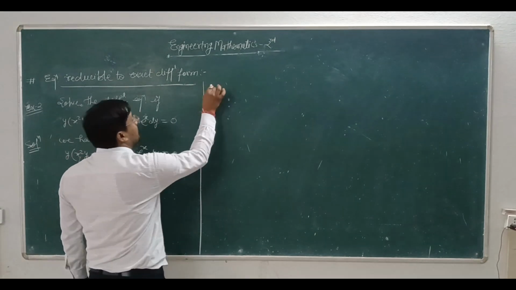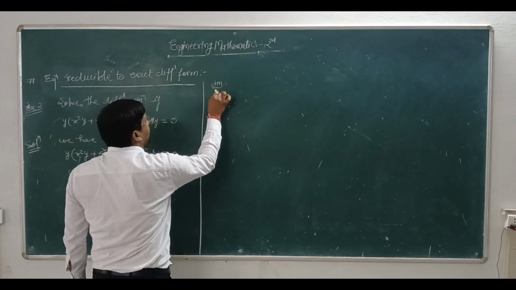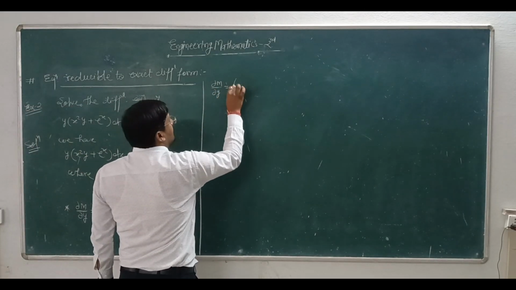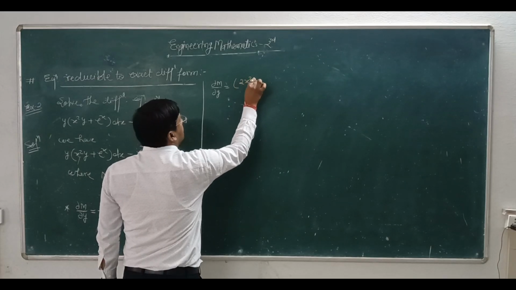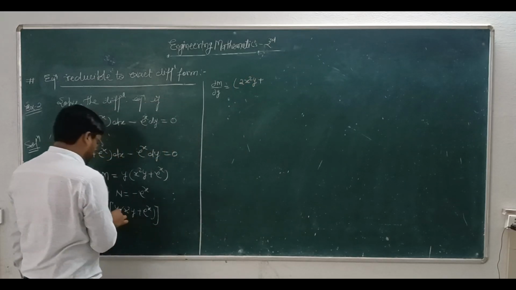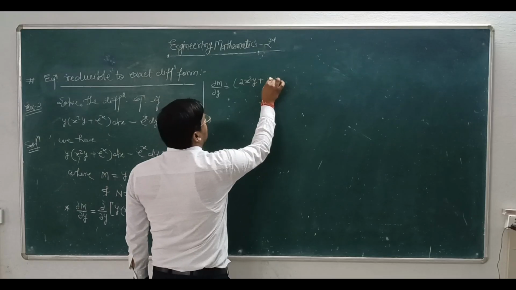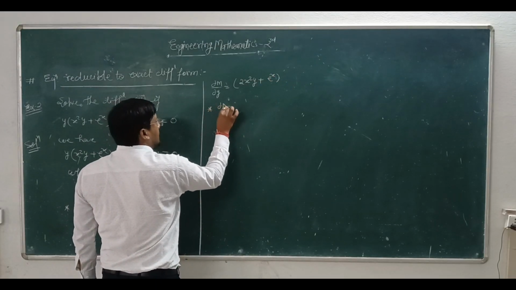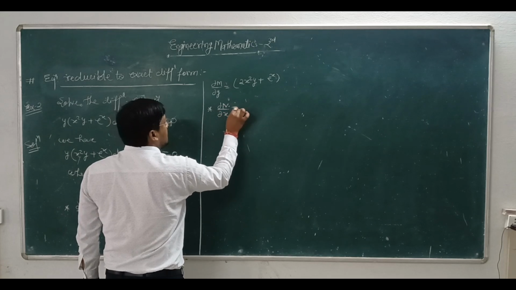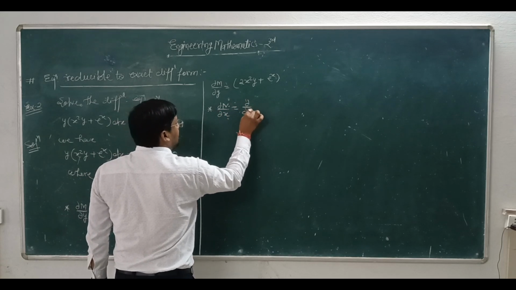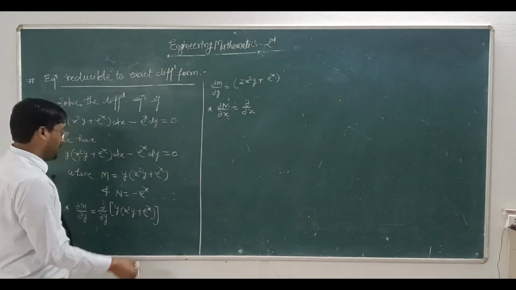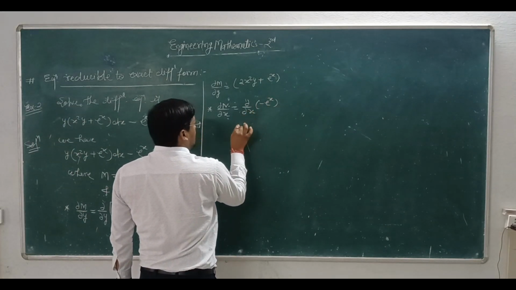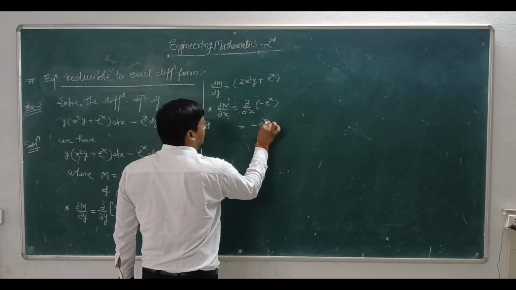Now you can write del m upon del y is equal to 2x square y plus e to the power x. Now second, you can find del n upon del x, where y is constant: del of minus e to the power x, which is minus e to the power x.